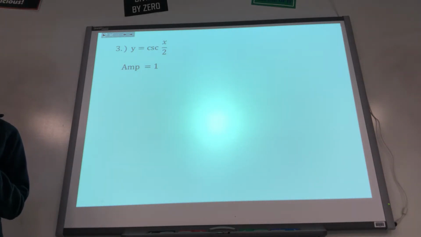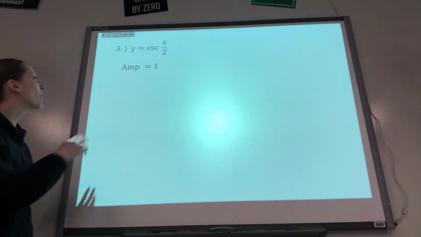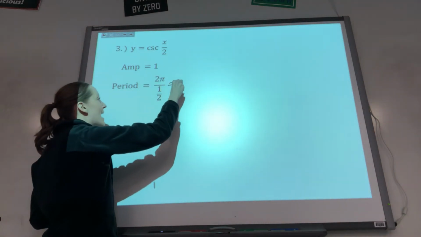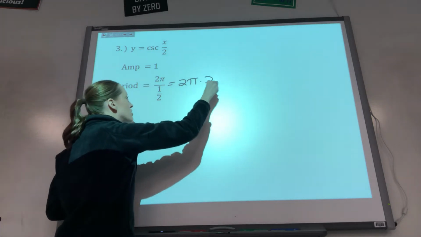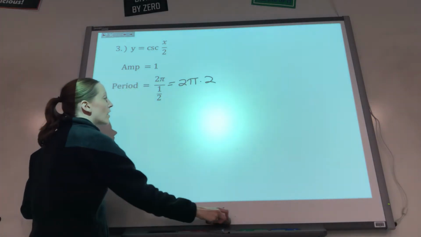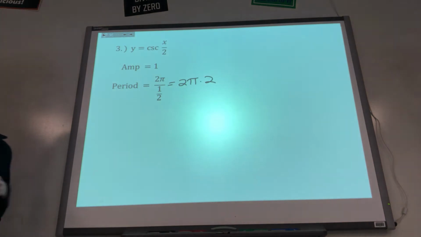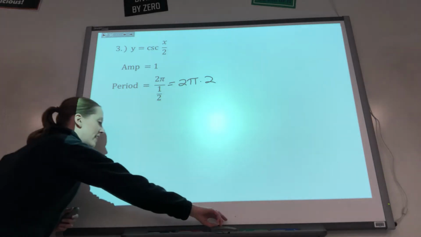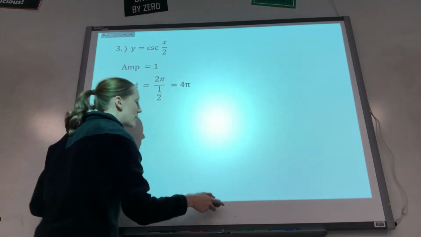Anybody know what b is? 1/2. Yes, 1/2. So 2 pi divided by 1/2. I'm going to keep, change, flip. So that's actually going to turn into 4 pi. The period here is different than the parent function. It's just like twice as big.